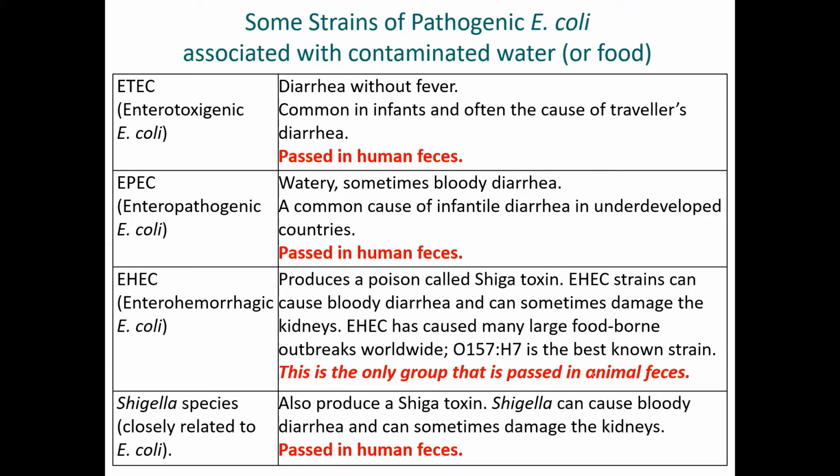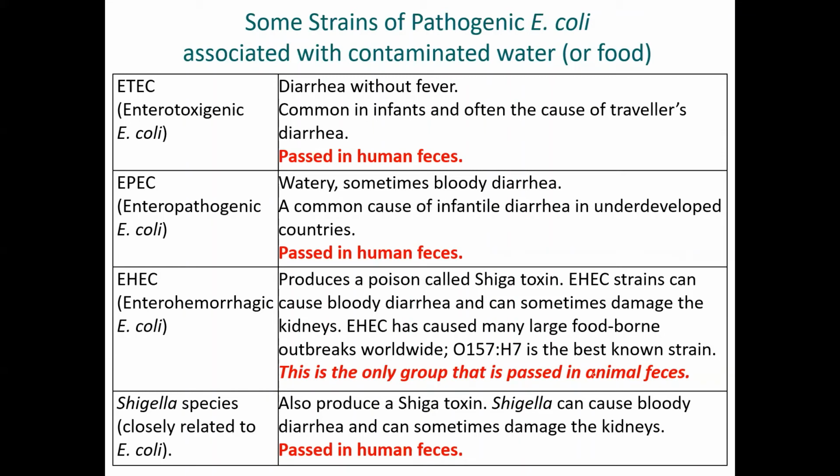But that's a common trend, you can get it in feces. You can see there's some other information there in terms of the different types of symptoms. Pretty much the main symptom is diarrhea. So waterborne diseases, by the way, it's diarrhea and vomiting most of the time, some sort of gastrointestinal symptom.